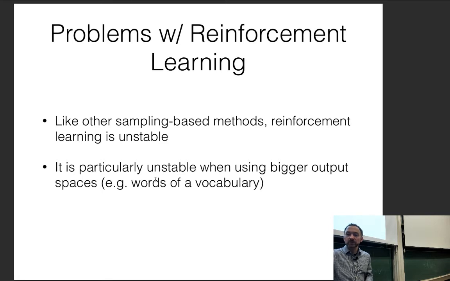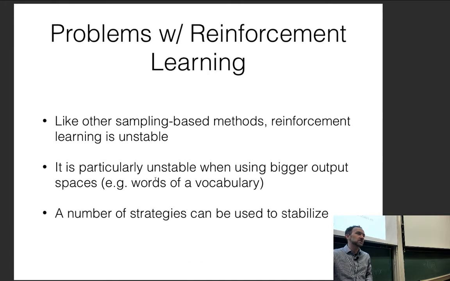It's particularly unstable when using a bigger output space. For example, if we're doing text generation, our output space is all of the words in a vocabulary. So our output space could be 60,000 at each time step. And that makes this a really hard learning problem. And we need to use strategies to stabilize this.